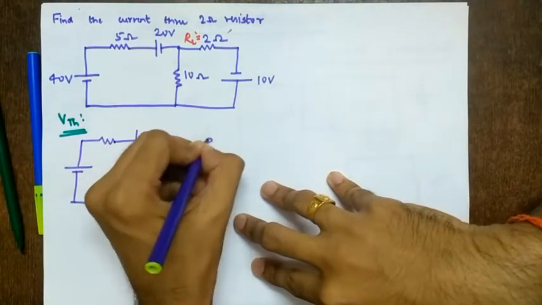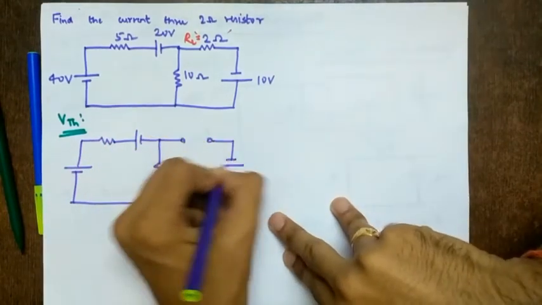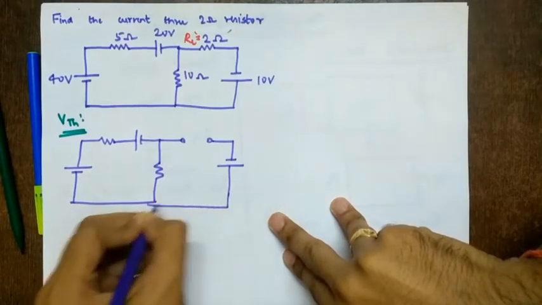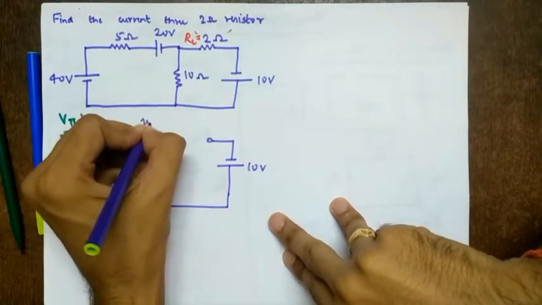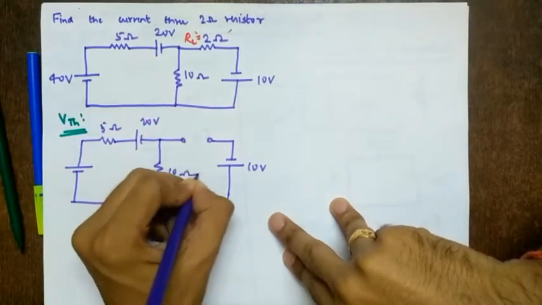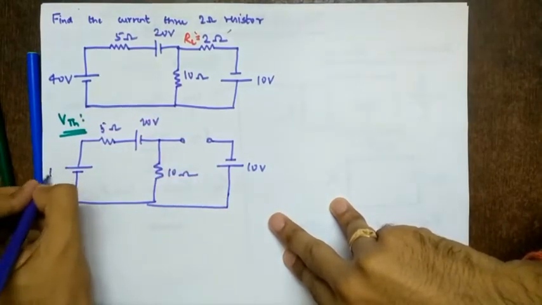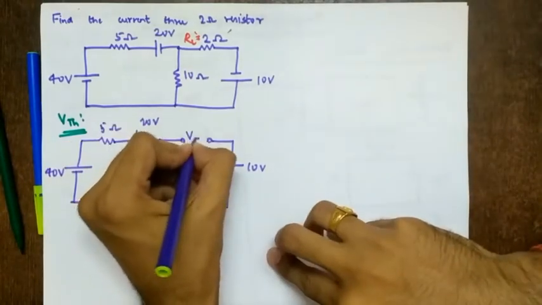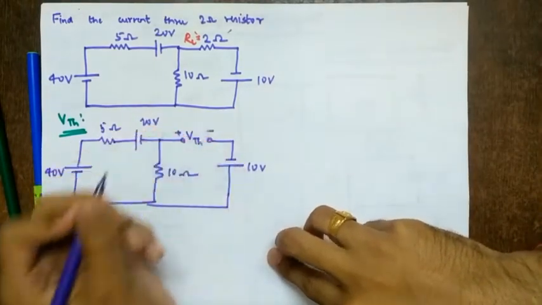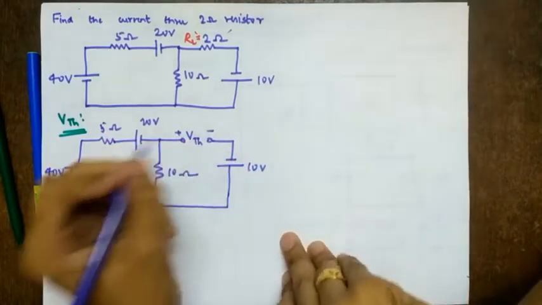So remove RL, replace with open circuit. It will look somewhat like this. Right? 5 ohms, 20 volts, 10 ohms, 40 volts. And here we have to find VTH, right, between these terminals.